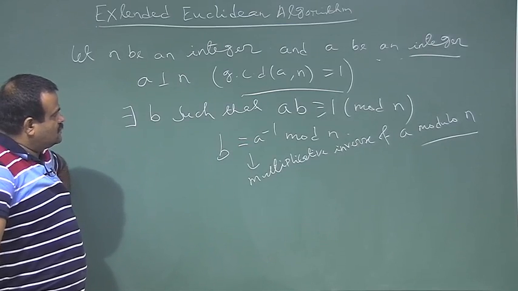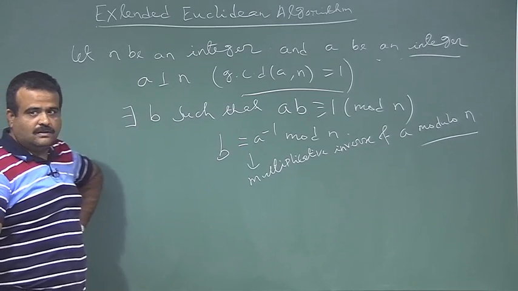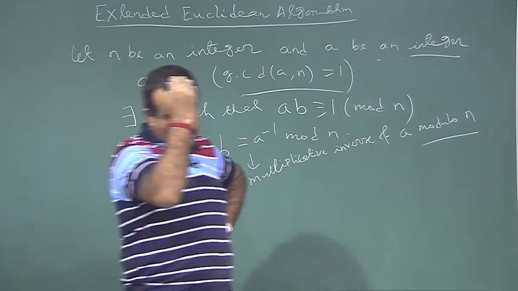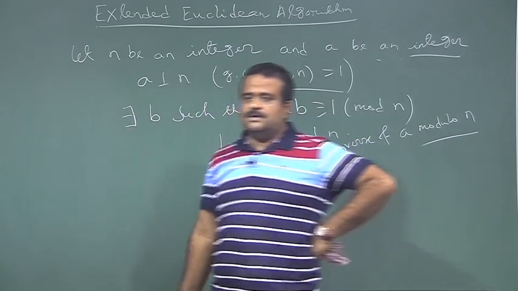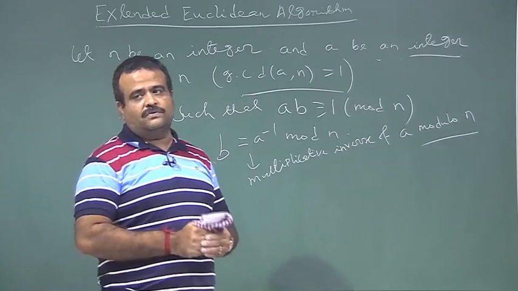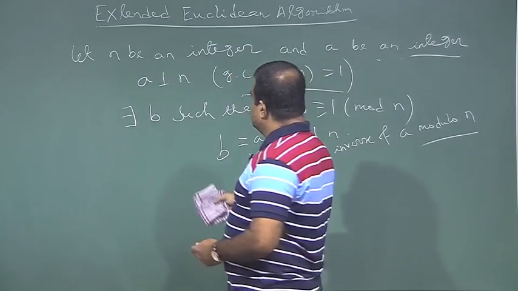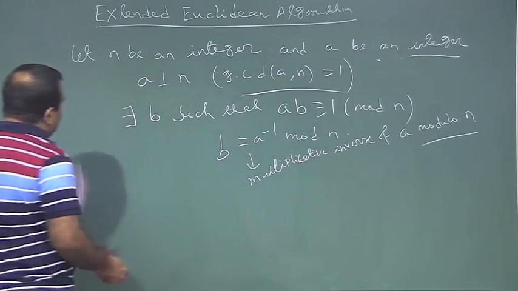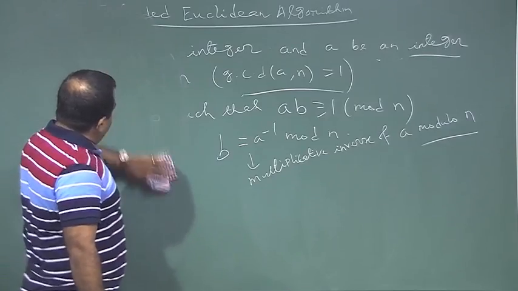How we can find the inverse a inverse is basically coming from the Euclid algorithm, but we have to extend it a little bit. Euclid algorithm will give us the GCD of two numbers a, b.